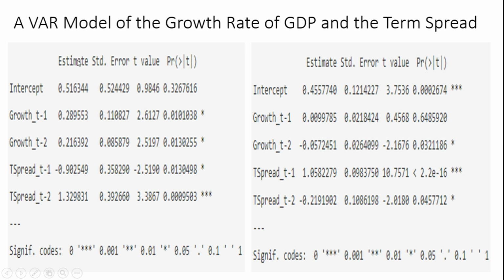In the first column, the estimated coefficient, and in the last column the p-value, which measures the significance of every coefficient.